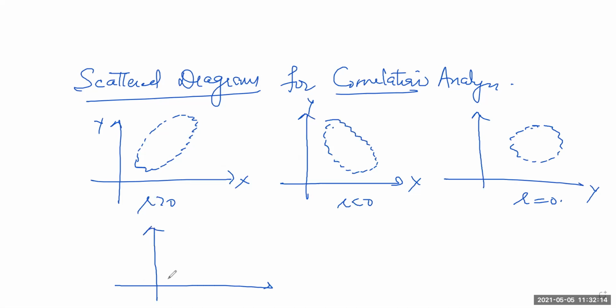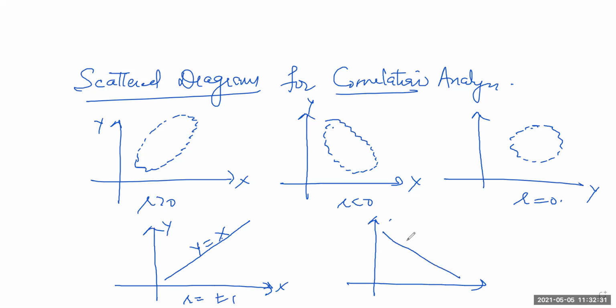And if all the points come on a single line, right, in this case what is r? +1. And what line is formed? y is equal to x. Similarly when you write in this direction, in this case now look at this line, if you take this line from here, it means this line passes through the origin, this line doesn't pass through the origin, so it will have this form. And what is this, this is c0, and in this case there is a perfect negative correlation.